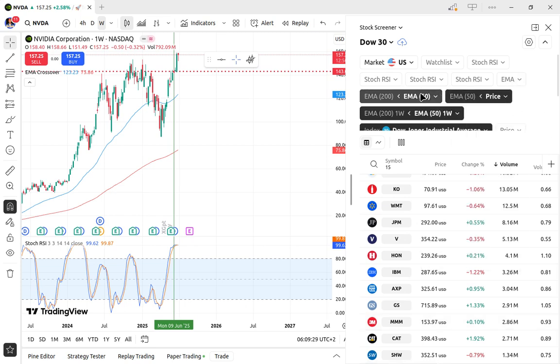Wait a second. This one is below the 50-day moving average on the day. This one is below price on the day.